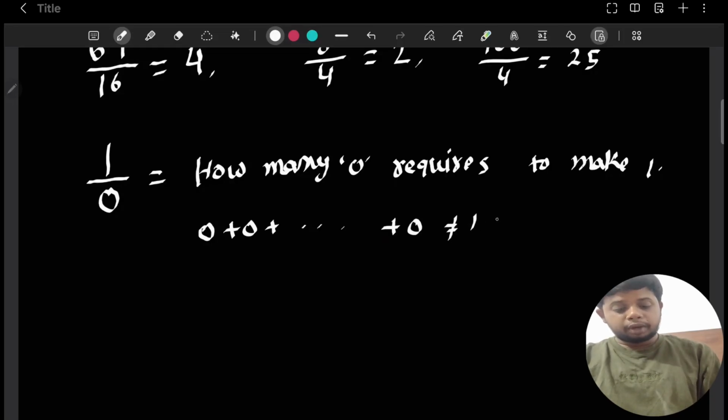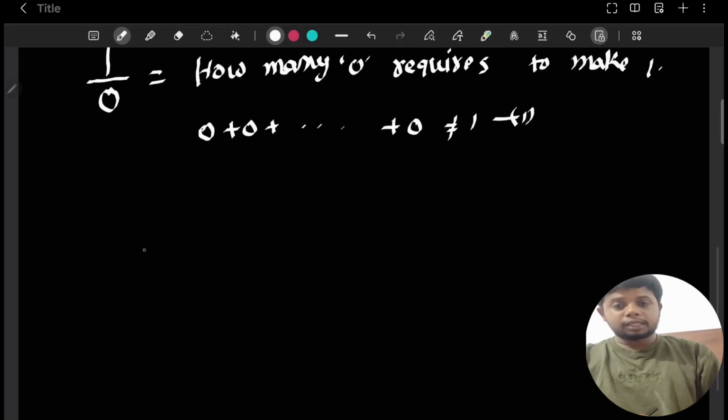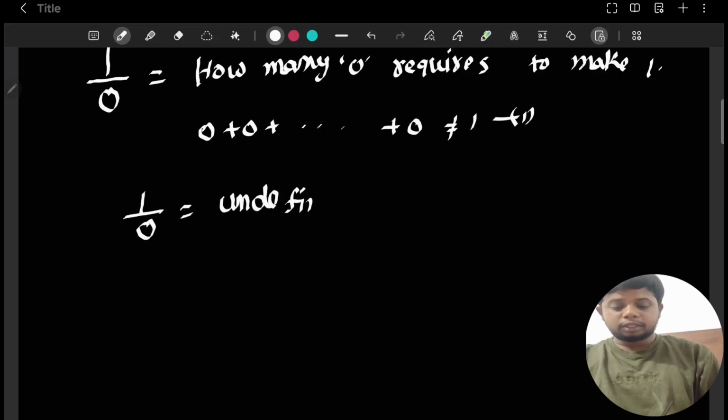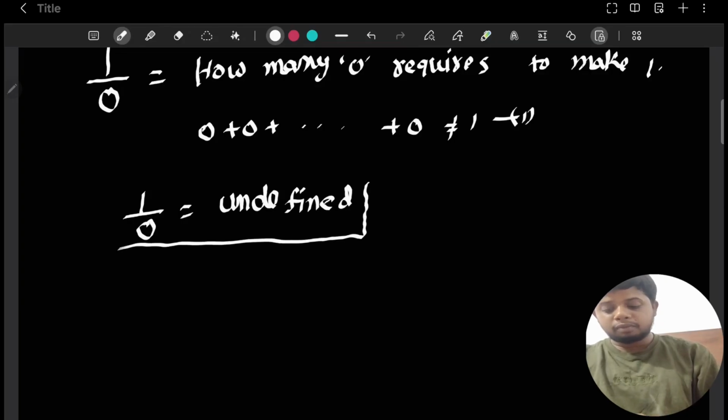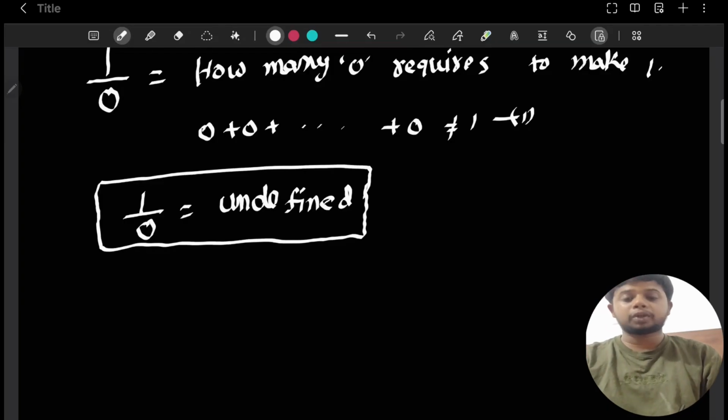So this is one point you should remember. The question I'm asking you is completely undefined, it is not a valid question. You will say, sir, 1 by 0 is not valid. In mathematics we say this is undefined. Undefined means what I'm asking is not valid.